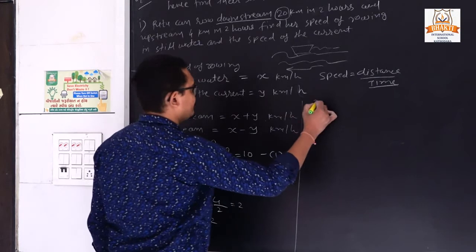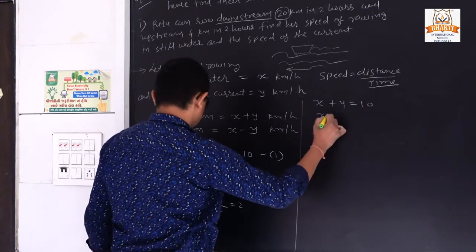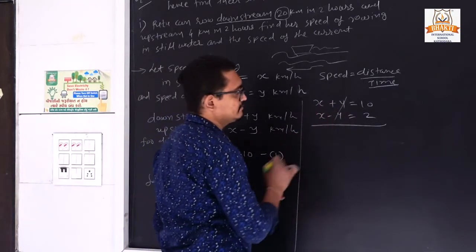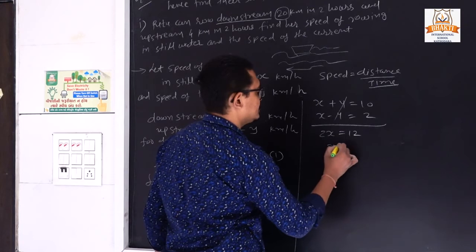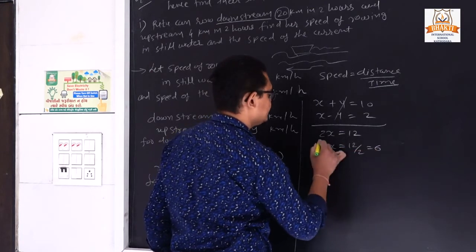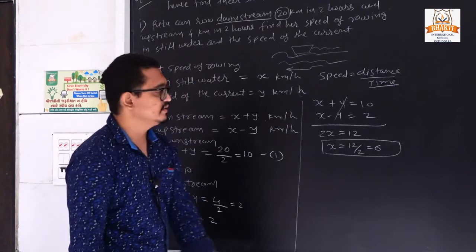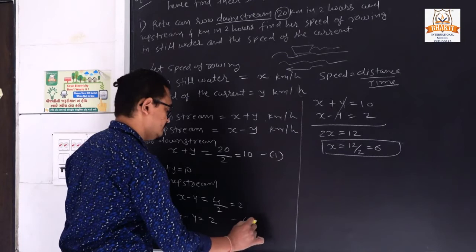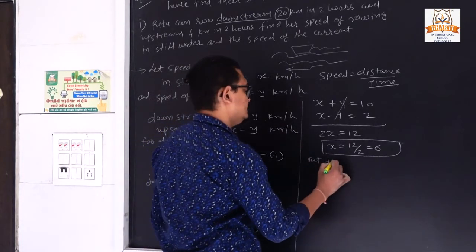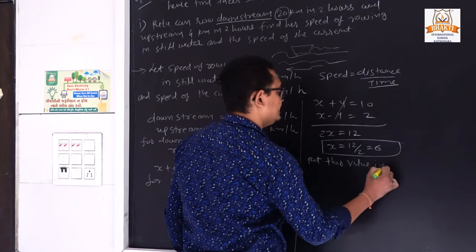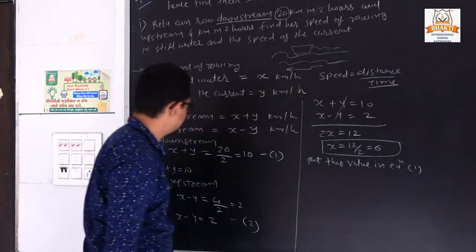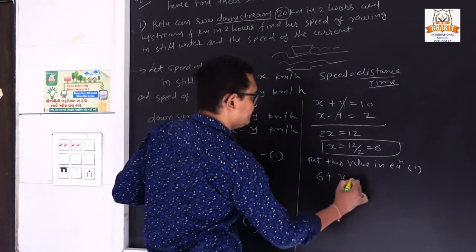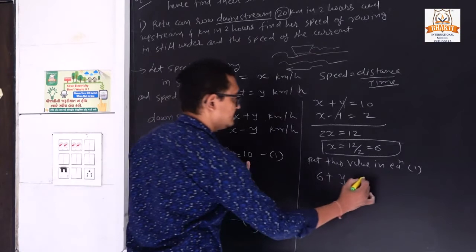Now we can simplify. x plus y is equal to 10 and x minus y is equal to 2. So these both are cut. So 2x is equal to 12. So x is equal to 12 divided by 2. So it is 6. And we will put this value in either the first or the second equation. Put this value in equation number 1. So x is replaced with 6, y will be the same, and it is 10.